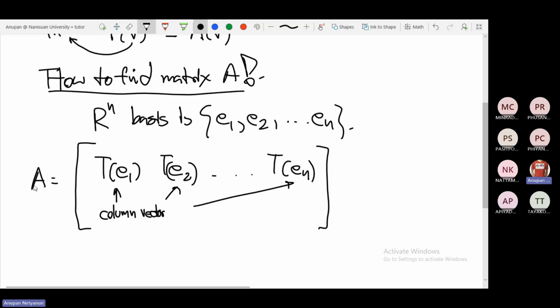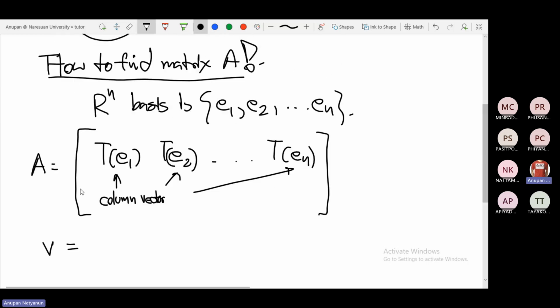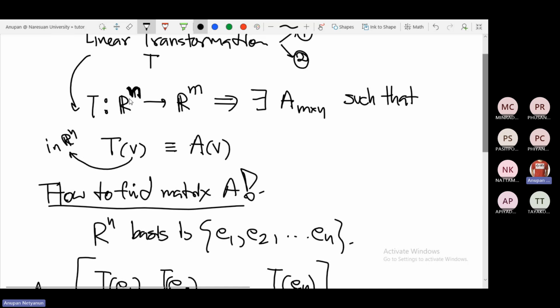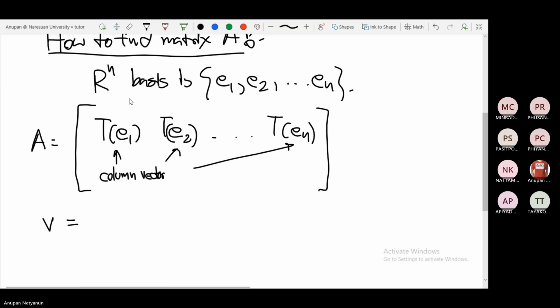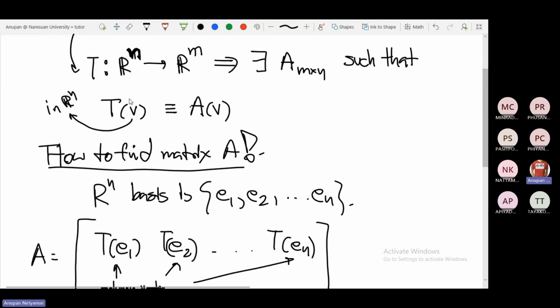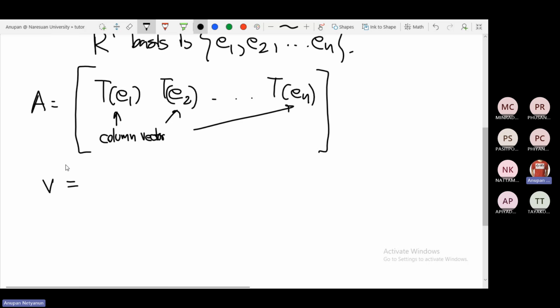And then, for example, if you have V, which is in Rn, let me write it as a column vector, so you're going to have V1, V2 up to Vn.